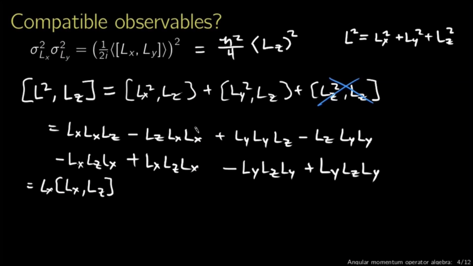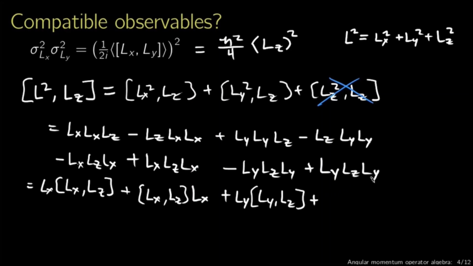This term is accounted for in much the same way, except I have to factor an Lx out to the right. So this is going to give me an Lx, Lz commutator with an Lx on the right. I can make the same sort of simplifications over here for exactly the same reasons, and I end up pulling the Ly out to the left, Ly commutator with Lz, and pulling the Ly off to the right, Ly commutator with Lz, Ly on the right. So, still equal to my original expression.